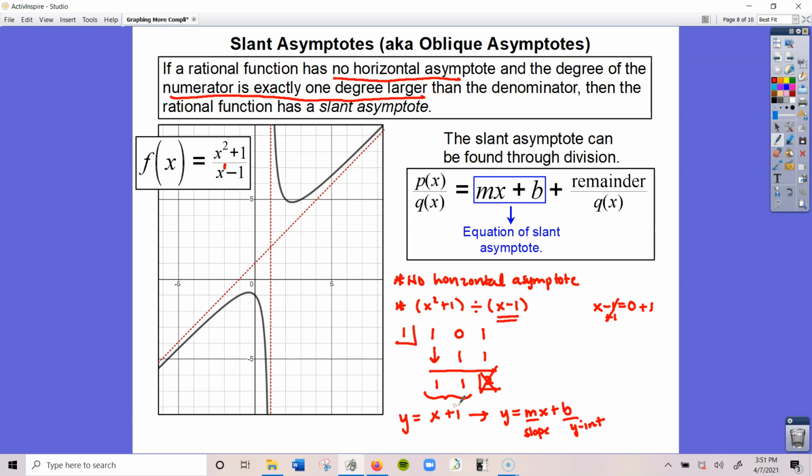So in this equation, 1 is the y-intercept. So that's why you see that the slant has a y-intercept of 1. Then here the slope, even though we don't see it, there's an invisible 1 there. That means that the slope is 1.